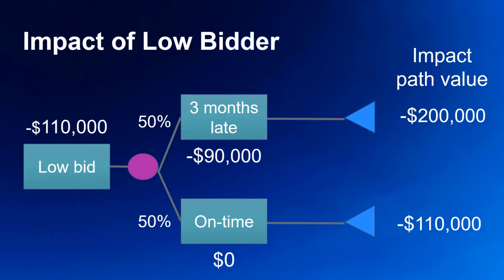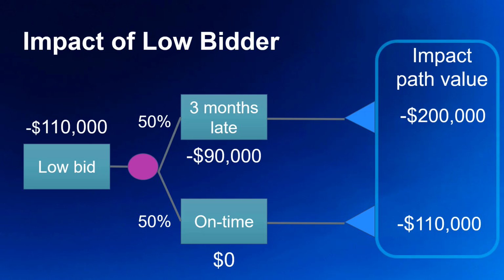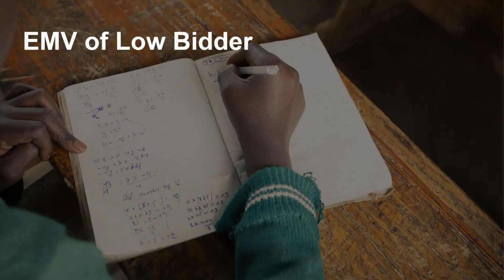Now, I'm zooming into our decision tree just for the low bidder, and we plug in our results so that we have a clearer picture of our impact path value for the low bid contractor. We now know that we have minus $200,000 for being late and minus $110,000 for being on time. But we're not done yet. The numbers we have give us the impact, and we can now calculate our expected monetary value.